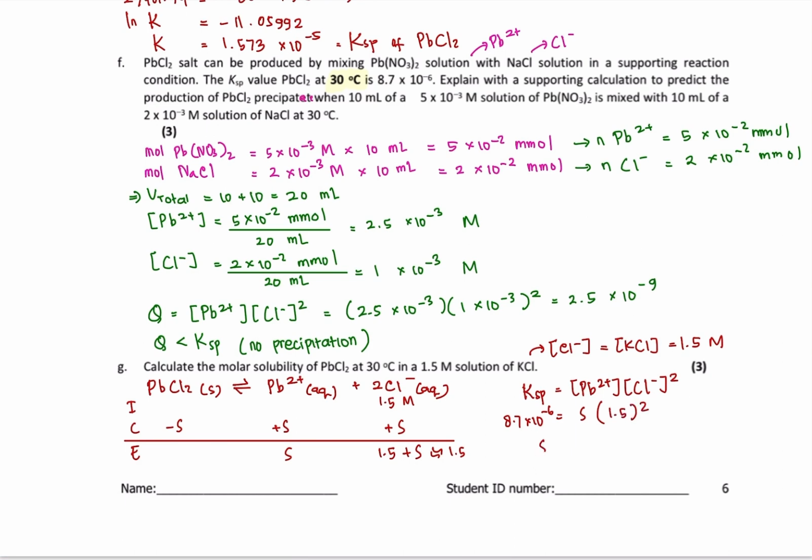So here we have the S value. So the molar solubility is 3.86 times 10 to the power of minus 6 molar. So that is the solubility when there is 1.5 molar of Cl- in the solution.